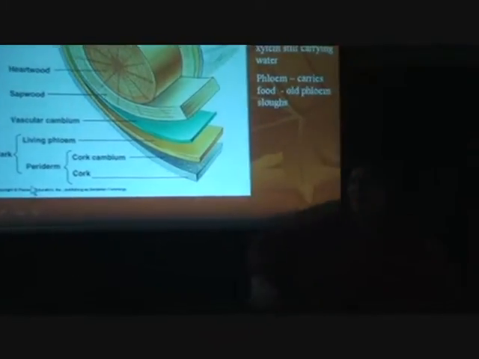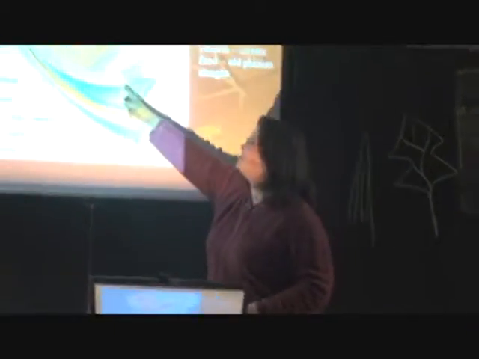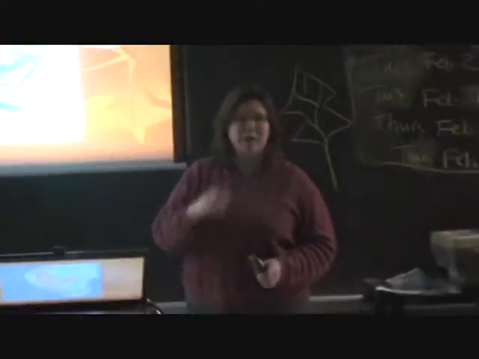So every time it makes a new ring, it's bigger, and the tree's bigger, but there's going to be more water because it's a bigger ring. So the bigger the tree gets, because that ring is the working ring, it's going to get more water, which is what it needs. When we do plant transport next week, I'll show you why that is.